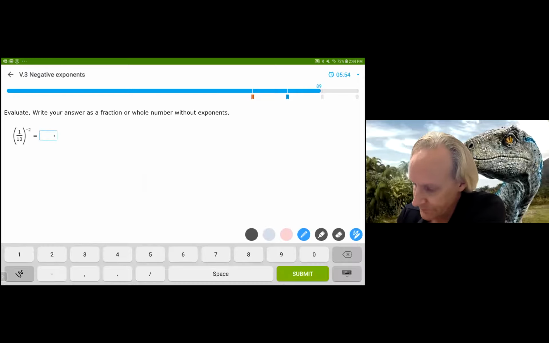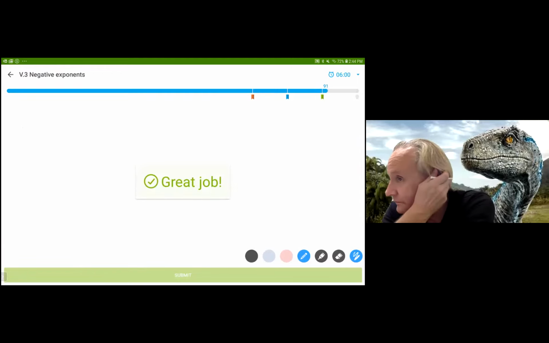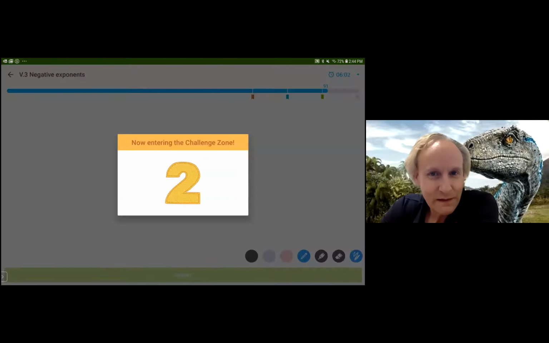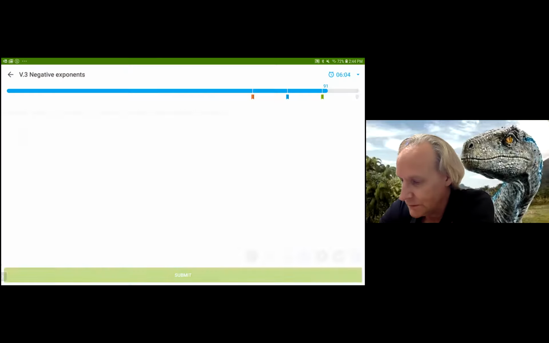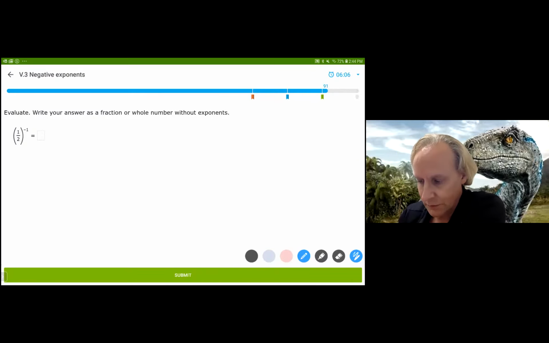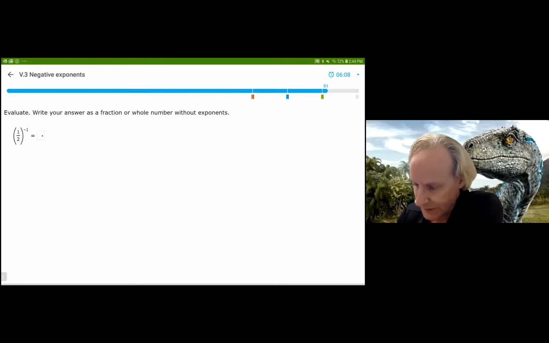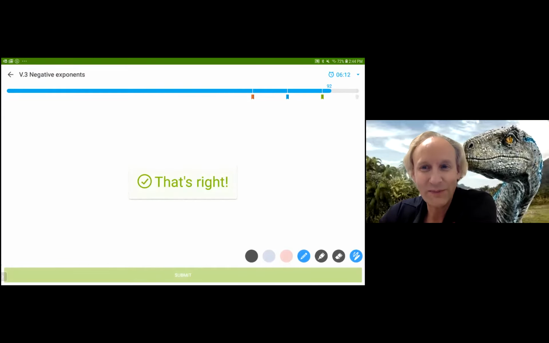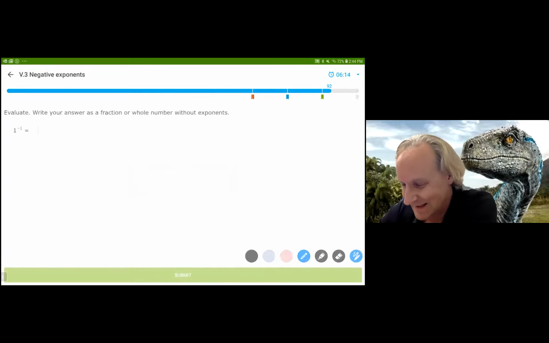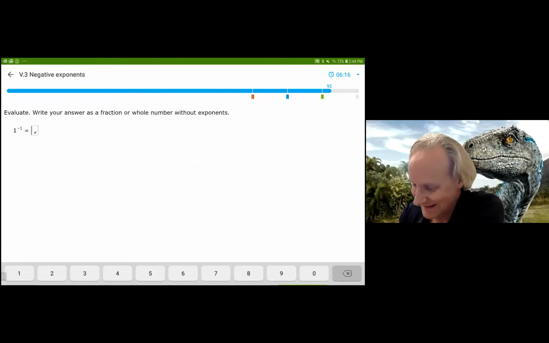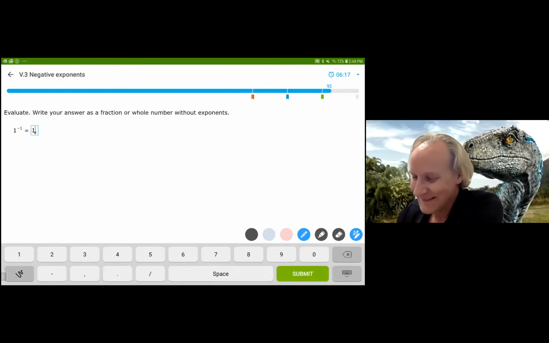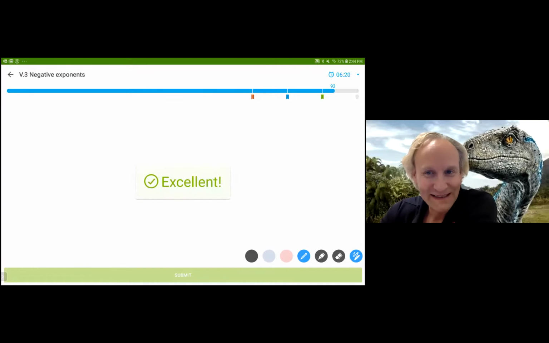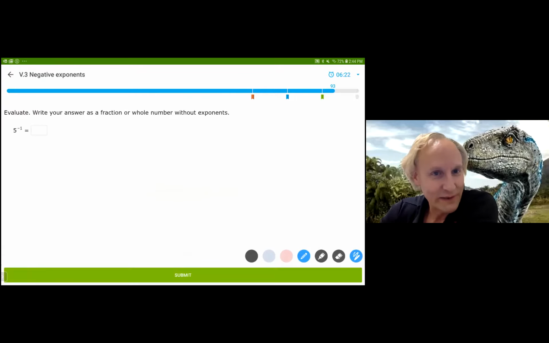That's 100. 10 squared on top, right? Okay. That's going to be 2 because, again, we're talking about an inverse here. Looks like they're making it easier instead of harder as we go. 1. Well, 1 to everything is 1. 1 to whatever power you're talking about.